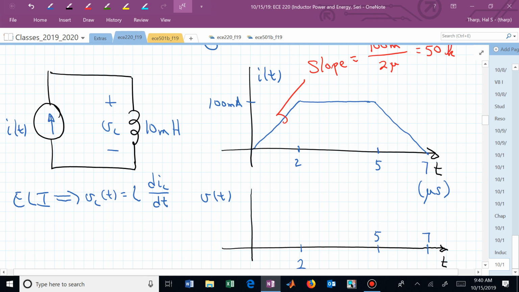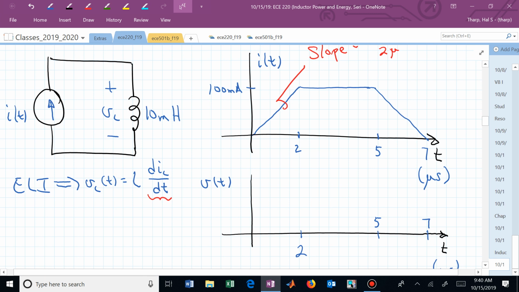And that's useful because that's the piece in our voltage expression, the way that the voltage varies with respect to current in this inductor. What is the voltage now between 0 and 2? We can take the value of the inductance, L, which is 10 millihenry, 0.01, times di dt, which we just computed to be 50k.